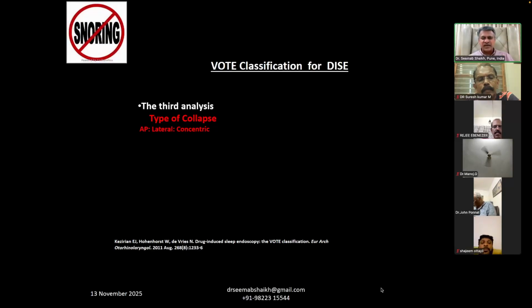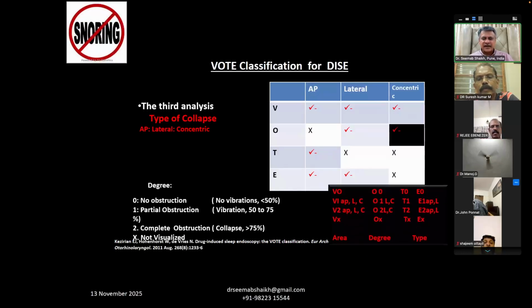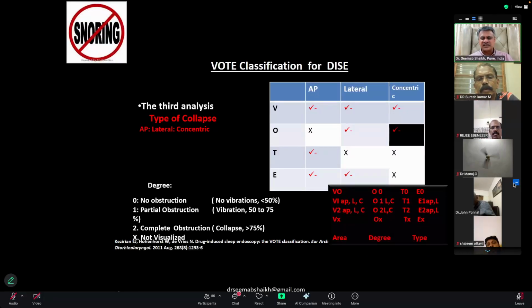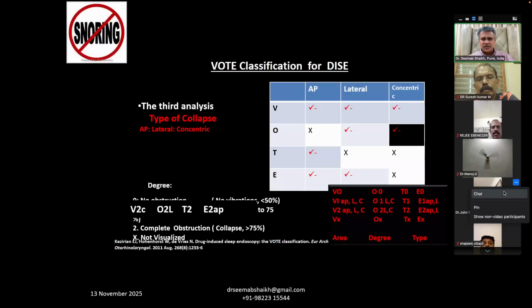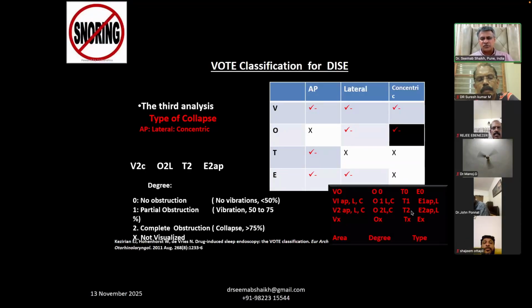So this way we have now started classifying the DISE reporting, like the TNM classification that the cancer surgeons use. So you do a V2C, O2L, T2, E2AP. If I am talking to Dr. Suresh there in Trivandrum, and I give him this kind of classification, both he and I know exactly what we are dealing with, rather than talking vaguely that, oh, I thought this one was collapsing, that one is collapsing.